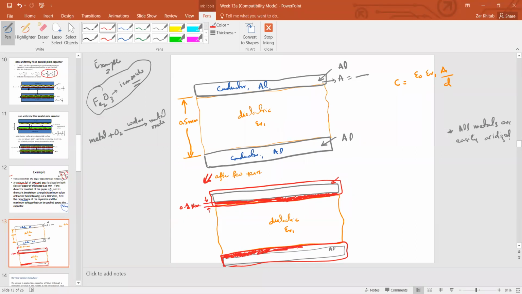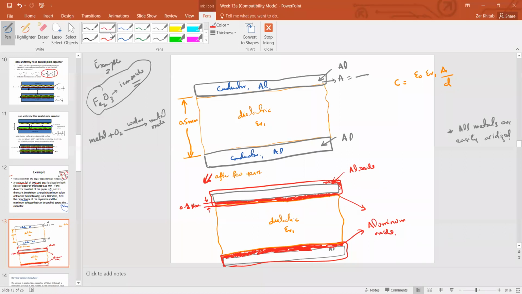This red layer is aluminum. I don't know the chemical formula of this, that I need to check, but let's say it's aluminum oxide, okay. This one is also aluminum oxide. Really, the aluminum oxide is also here, but I'm really not interested in that. Aluminum oxide is the layer which I'm interested in, in this region.